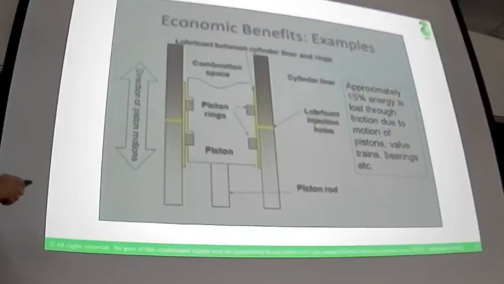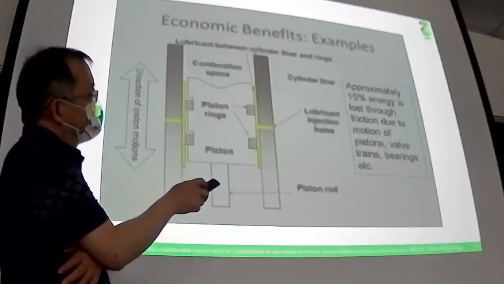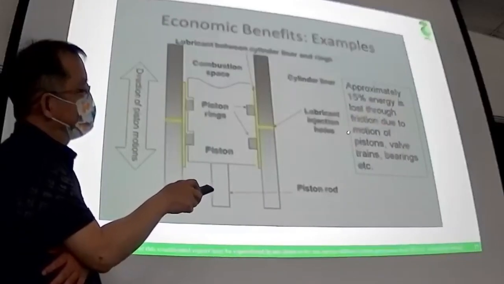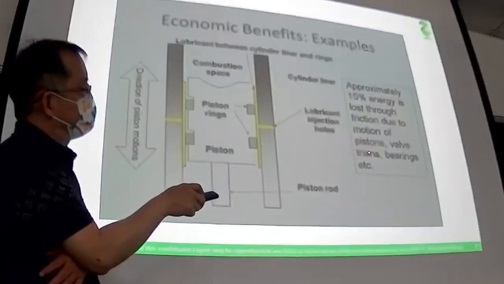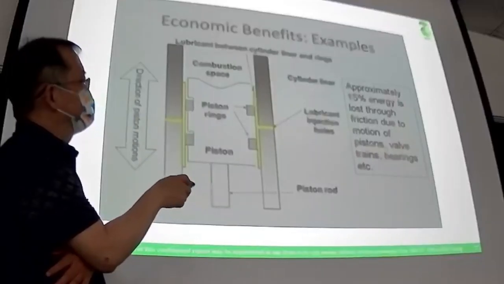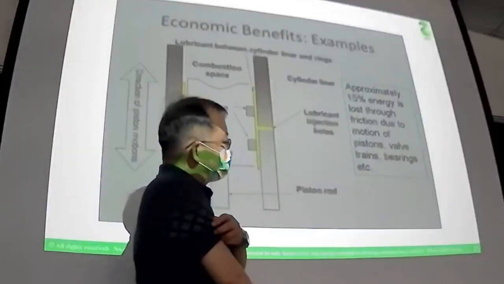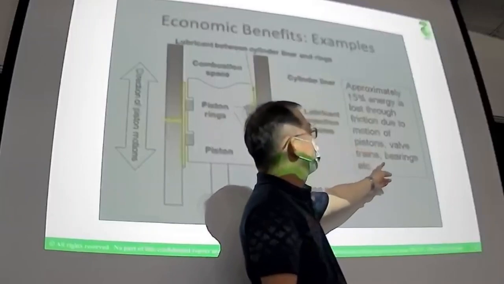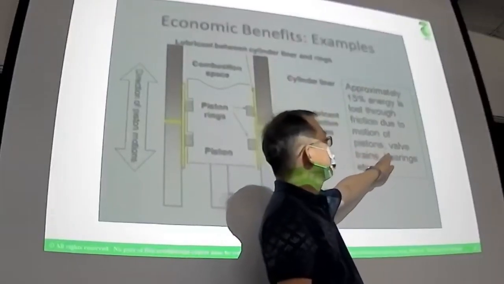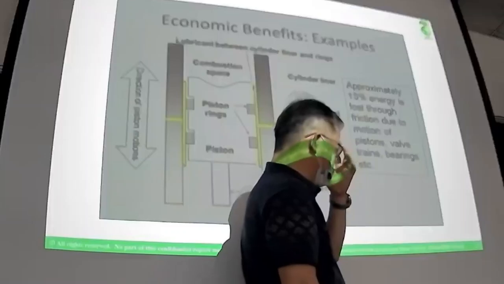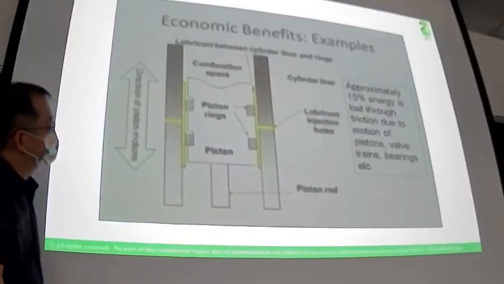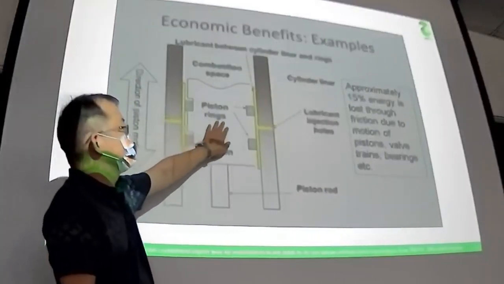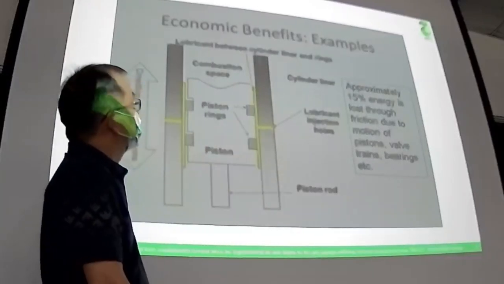Here we have a statistic. Approximately 15% of the energy is lost through friction due to the motion of the piston, valve train, and bearing. This included the friction between the piston and the cylinder, and also the valve, and also some bearing. In total, 15%. So this is one case, the friction between the piston ring and the cylinder of the combustion engine.